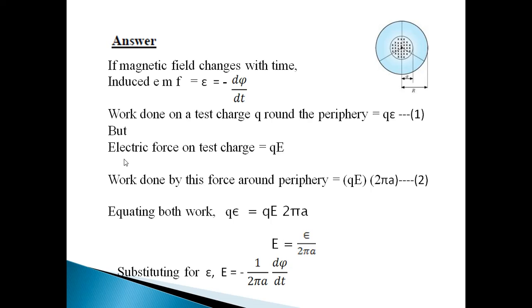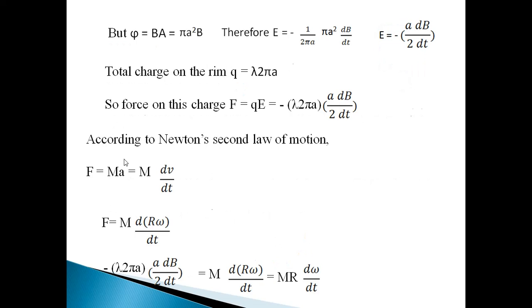So we have found work in two equations, equation 1 and equation 2, and we equate both expressions. We get Q epsilon is equal to QE into 2 pi a. Q is common, therefore E equal to epsilon by 2 pi a. But epsilon is already minus d phi by dt, as you see above. So when you make that substitution, you get E equal to minus 1 by 2 pi a d phi by dt.